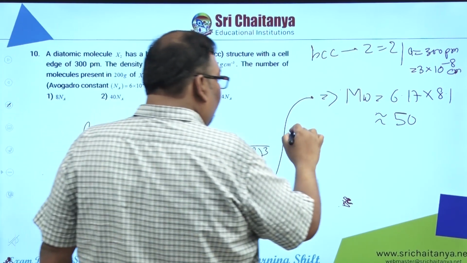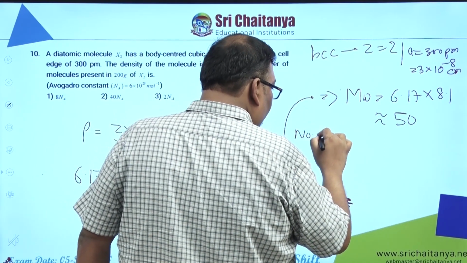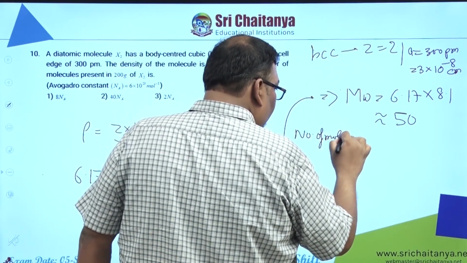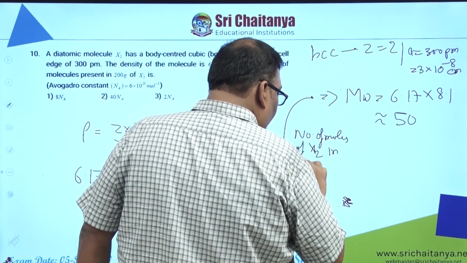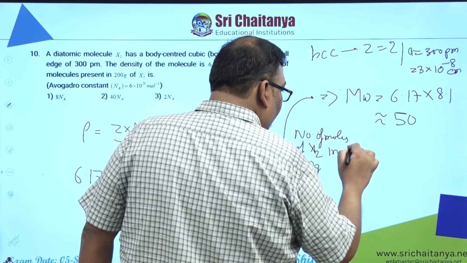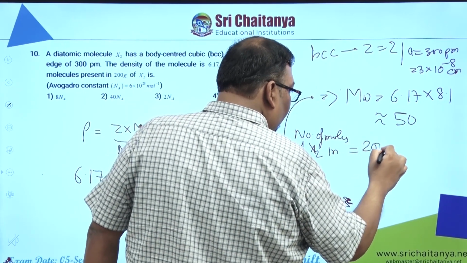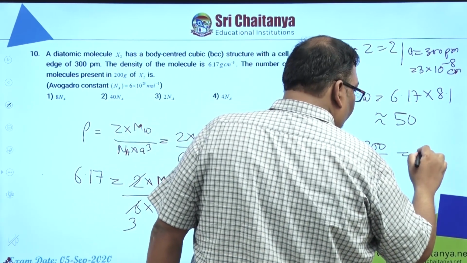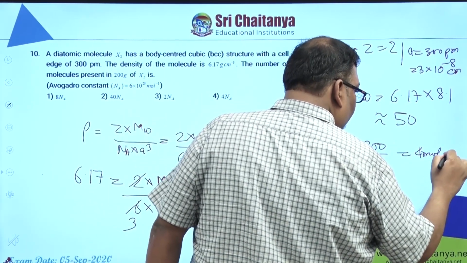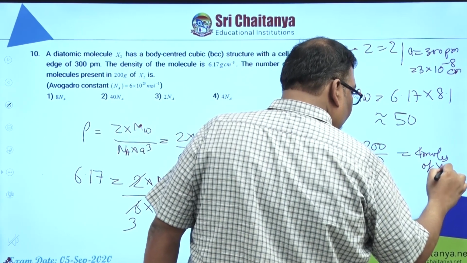So the number of moles of X2 in 200 grams will be given by 200 by 50, that is equal to 4 moles of X2.